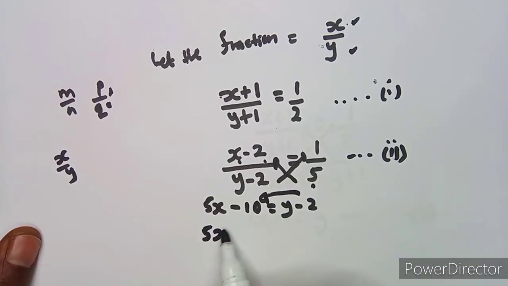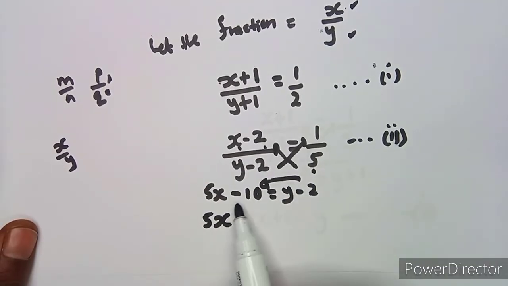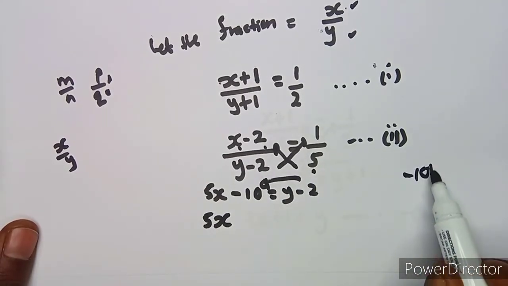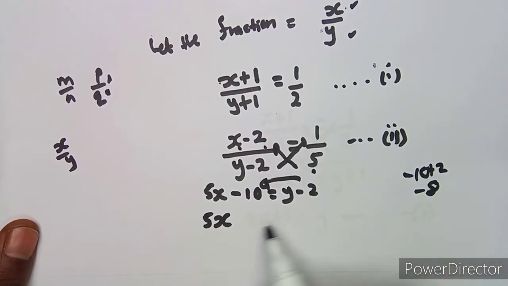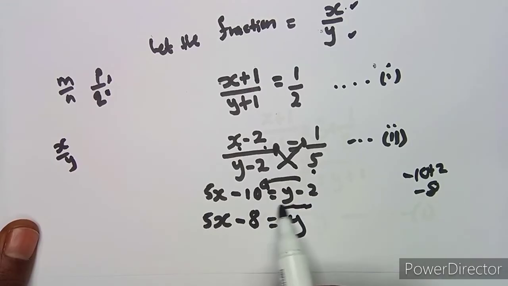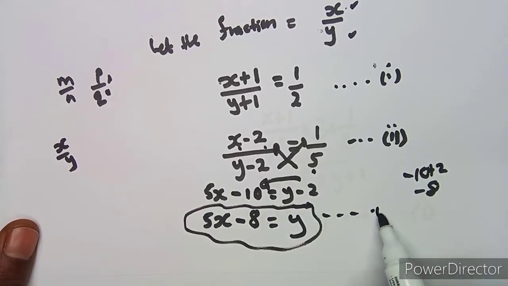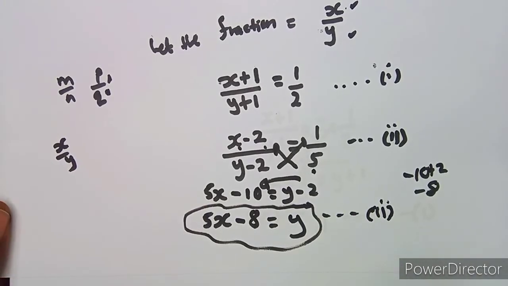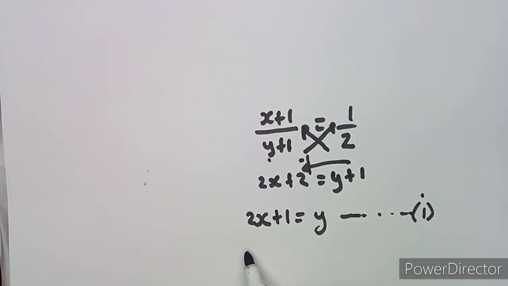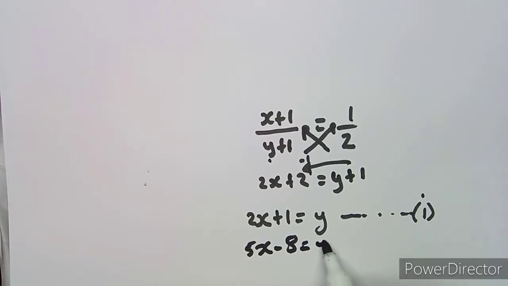You have 5x minus 10 plus 2, which is minus 8, equal to y. So 5x minus 8 is equal to y. This is still from our equation 2.